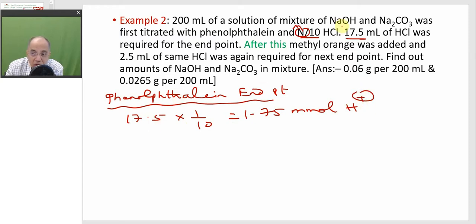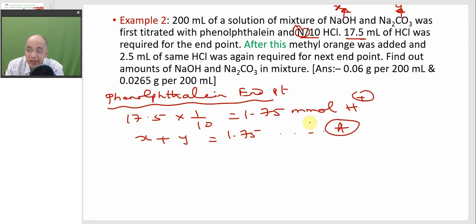So you all know that if this is the X millimole, this is Y millimole. So here all X, I have told you, all X, and as usual Y. Half of sodium carbonate will go. I mean, it is half neutralized. But all sodium carbonate will go. So X, Y means Y. So X plus Y will be equal to 1.75. This is equation A. You remember?